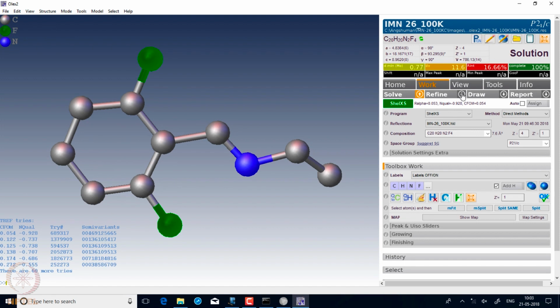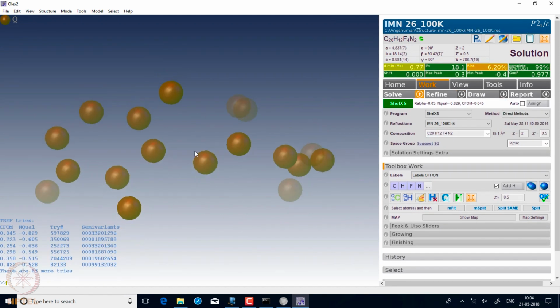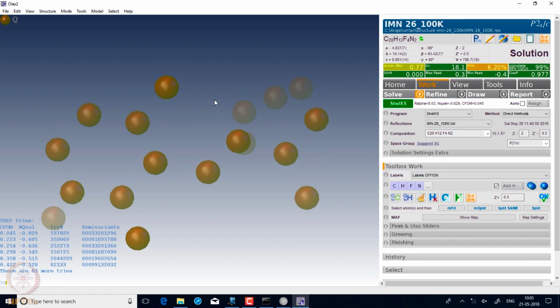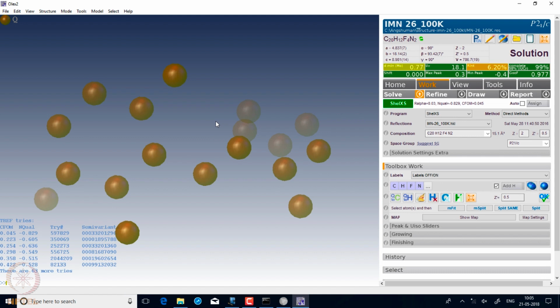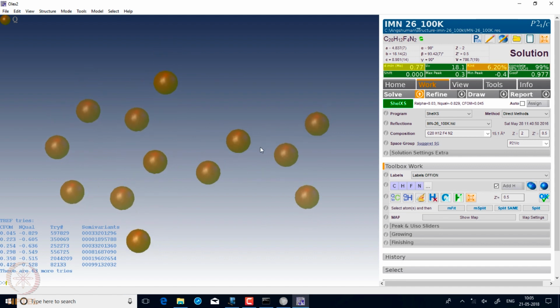Now if you take it down and use the least squares method of refinement using XL, generate about 10 cycles of refinement and click Refine. After solving, what it has given is some bright brown spots and some light spots. By scrolling down, I am removing the light spots and keeping only the bright spots.